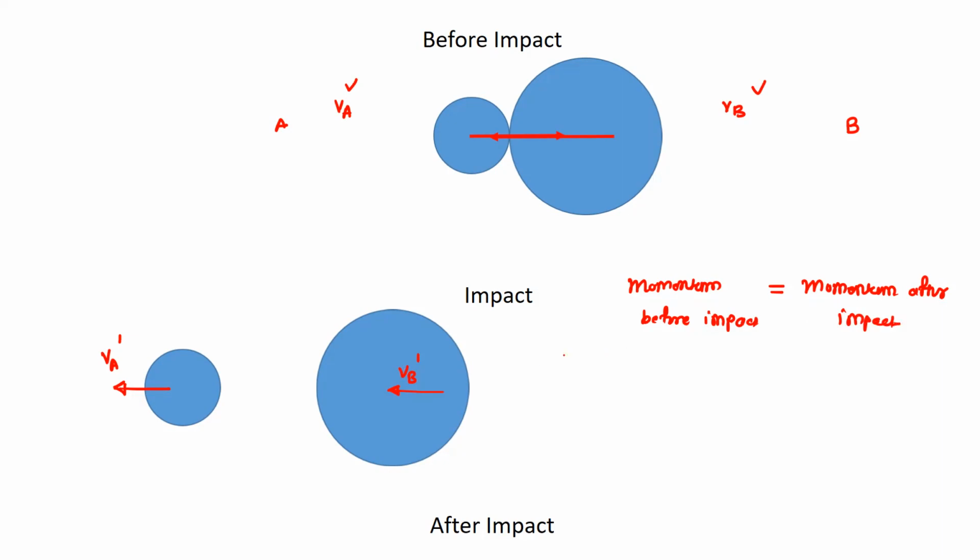So the total momentum of the object A is mA into VA before impact, plus mB into VB. This is equal to, after impact, the mass will remain the same, just the velocity will change. So it is mA into VA dash plus mB into VB dash. So the total momentum is conserved during the impact. There is an exchange of momentum, and because of that, the velocity will change before impact and after impact.